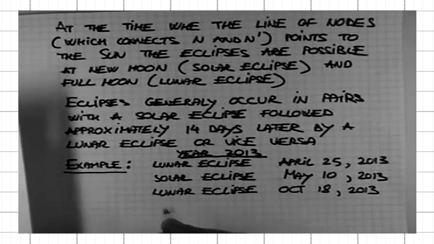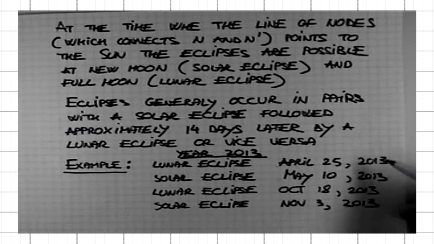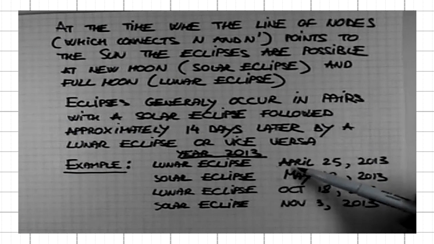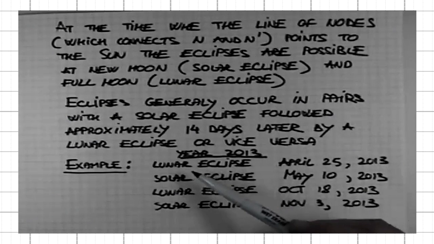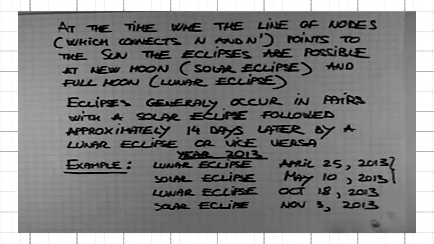And then there is a solar eclipse on November 3rd. So you can see that, for instance, the interval of time between these two eclipses, first pair, lunar, solar, is about 2 weeks, 15 days, right? And the same is true here.